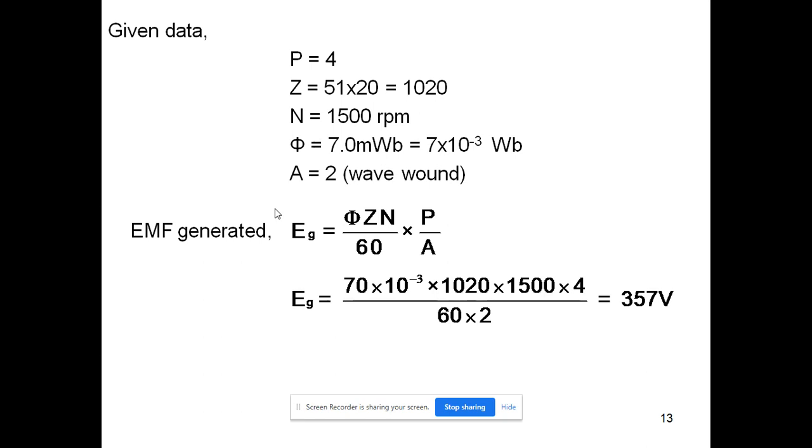On solving this, we get the answer as 357 volts. That is nothing but this wave wound DC generator generates about 357 volts.